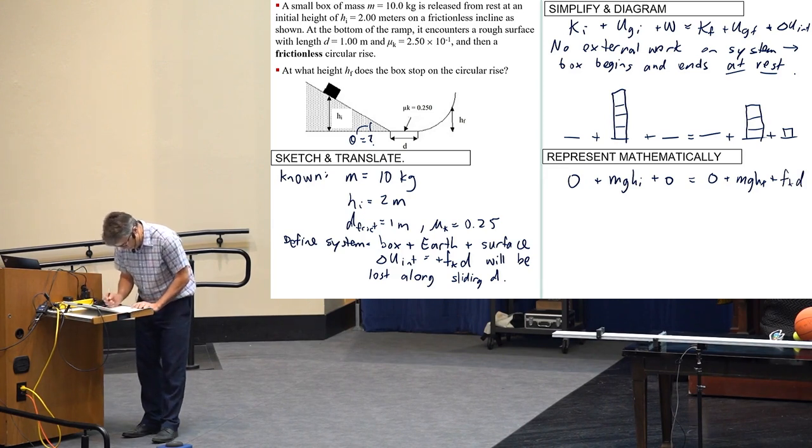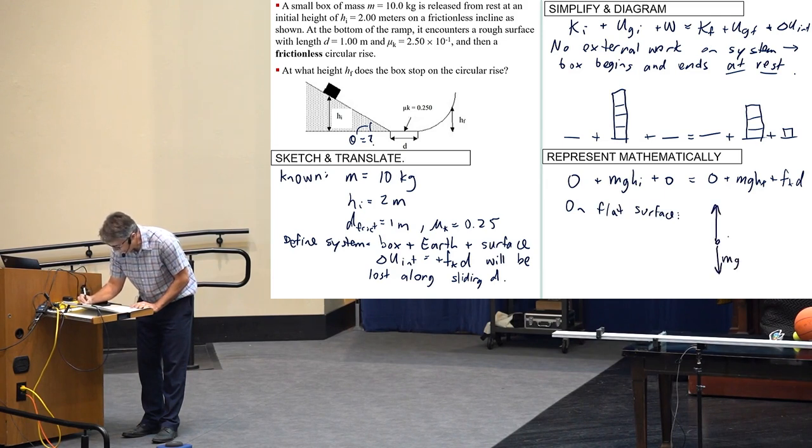Okay. And then once again, on the flat surface, we can draw the force diagram because we're going to need to find that friction. Normal is up, mg is down, and then you've got F_k to the left. The sum of all the forces in the y direction equals 0. So 0 is equal to n minus mg. So n is equal to mg.